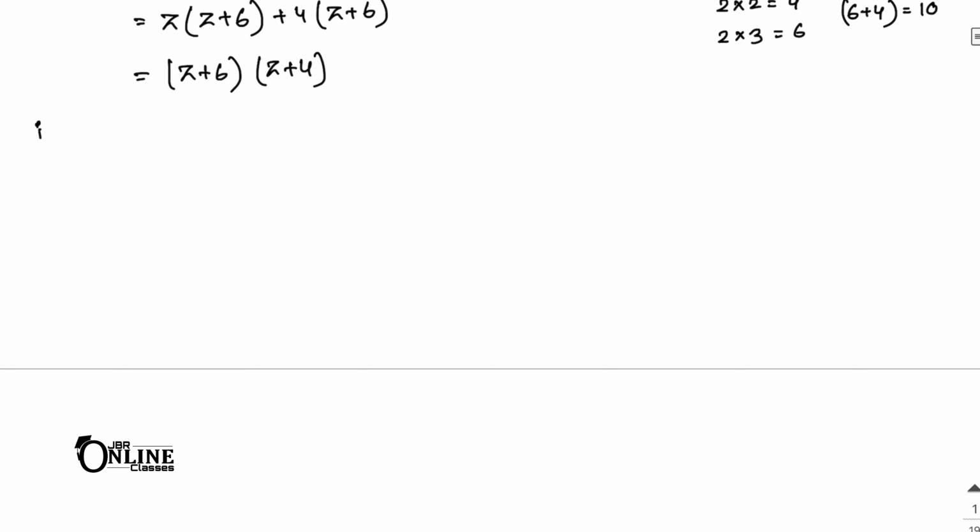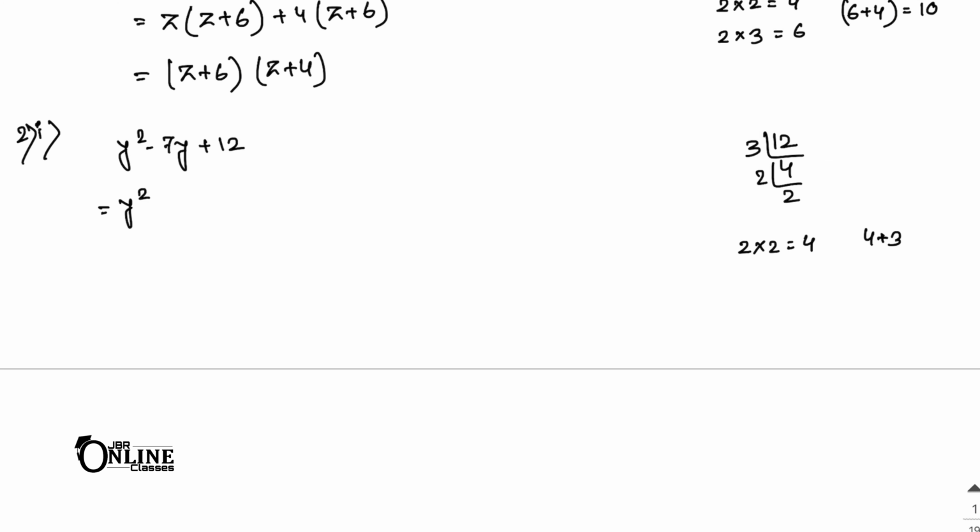Next, sum number 21: y² − 7y + 12. Here you have to factorize 12. So 3 fours are 12, then 2 twos are 4. That means the factors are 2, 2 and 3. If you multiply 2 into 2, it becomes 4, and the next one is 3. So 4 plus 3 becomes 7.